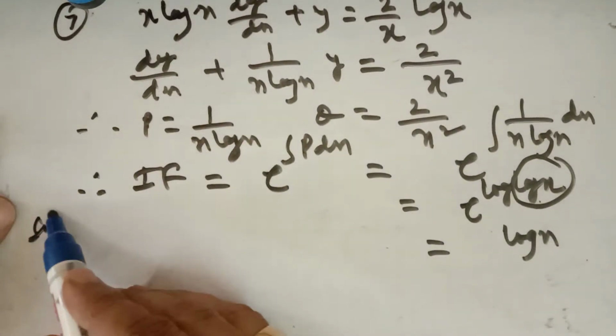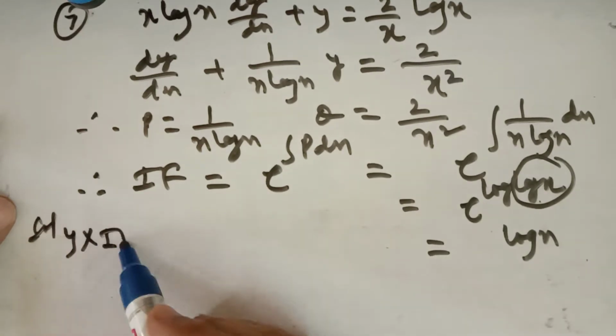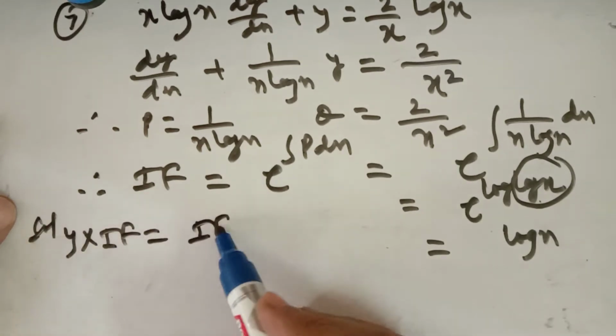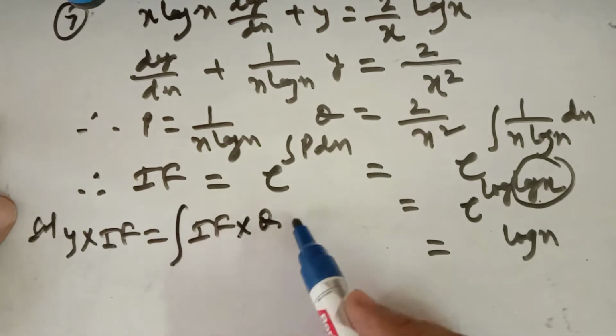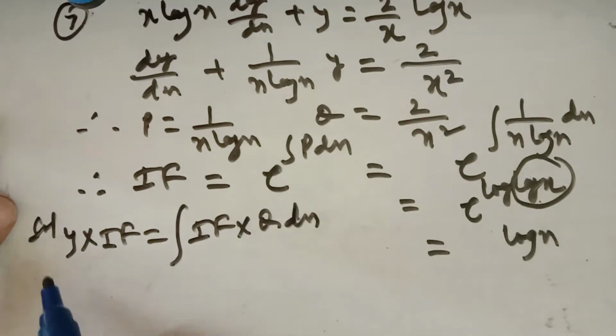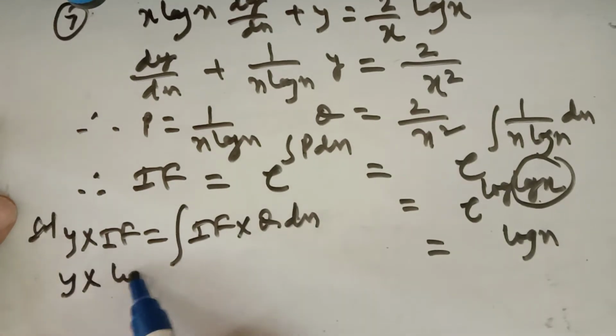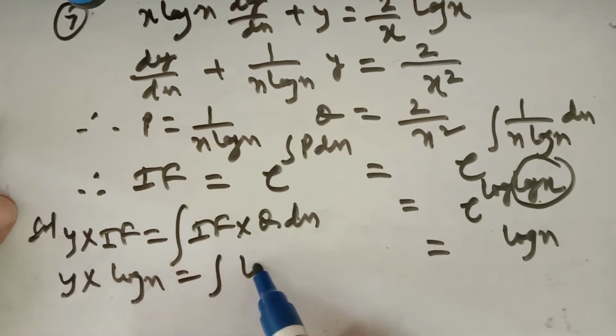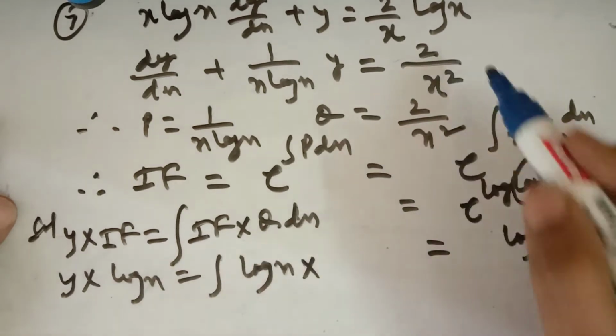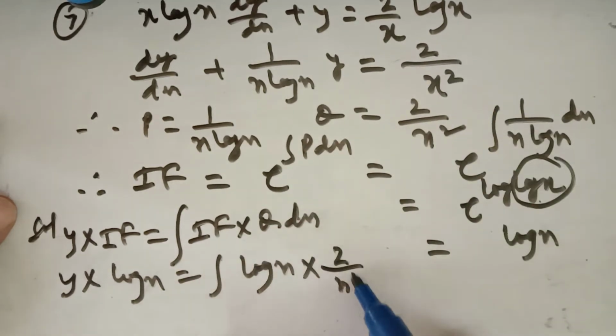Now the solution of this will be y into integrating factor is equal to integral of integrating factor into q with respect to x. So the integrating factor is log x, and q here is 2 upon x square.